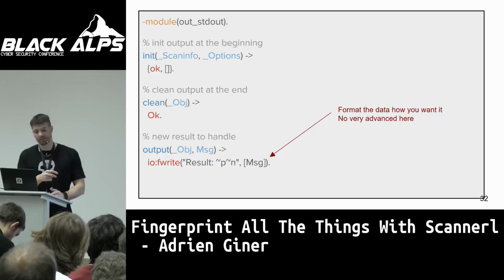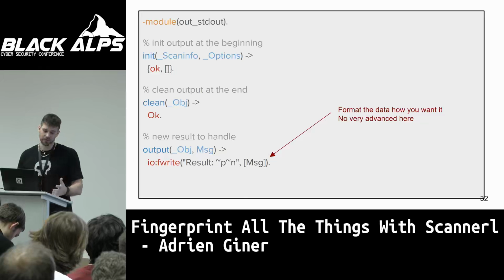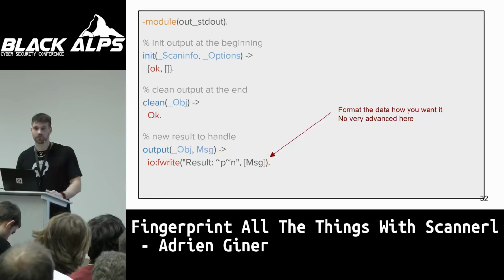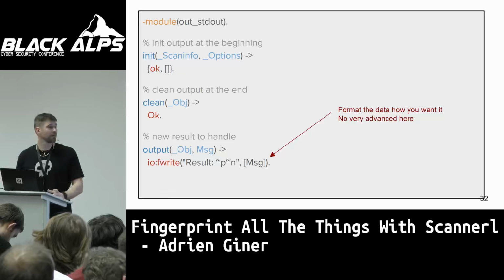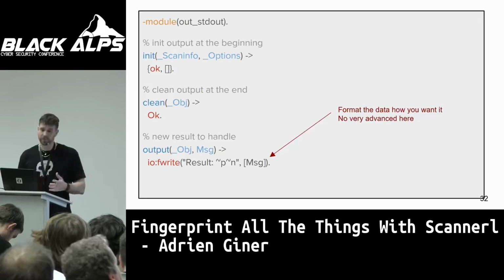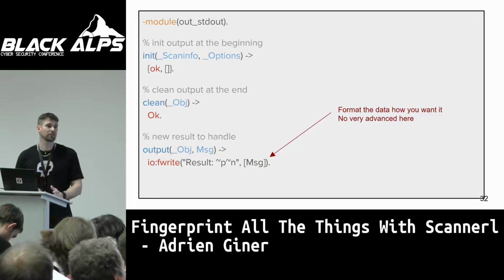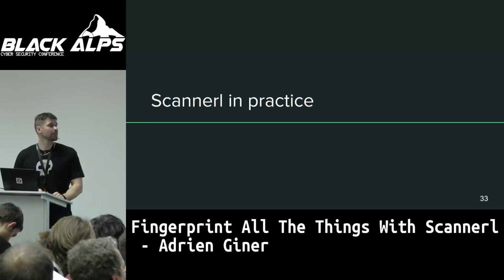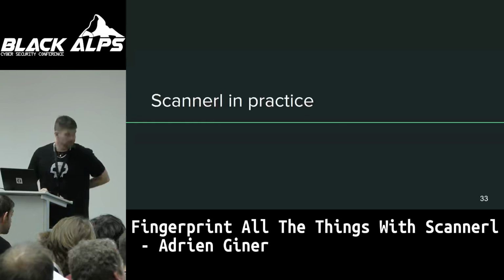So here it's simply writing to standard out, but you could think of, for example, sending to some Elasticsearch node for post-processing, or save to a SQL database, or whatever. Anything is possible, and this freedom allows to pre-process, so to say, the results so that they're formatted the way you want it in the end. So how does it look in practice?